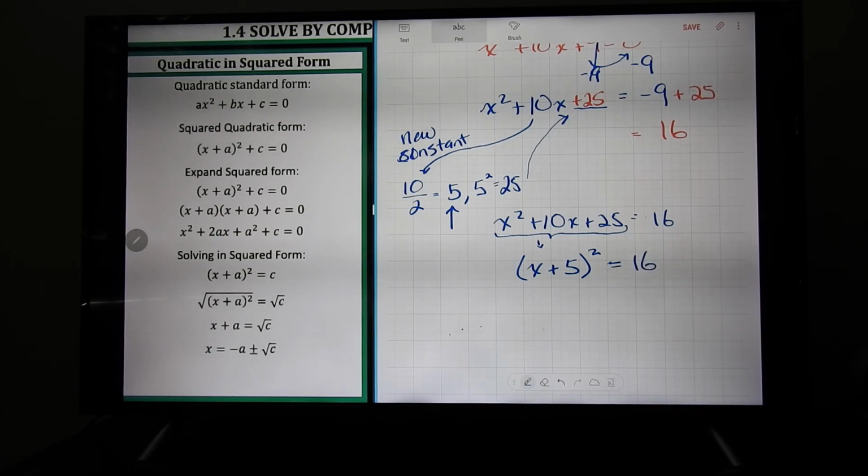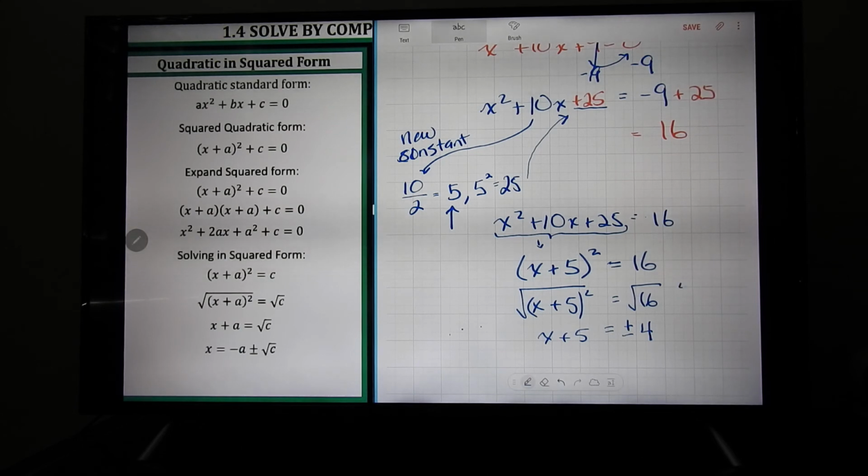Now we can take the square root of both sides. We take the square root of x plus 5 squared, and the square root of 16, and that gives us x plus 5 equals, notice, the square root of 16 is plus or minus 4.